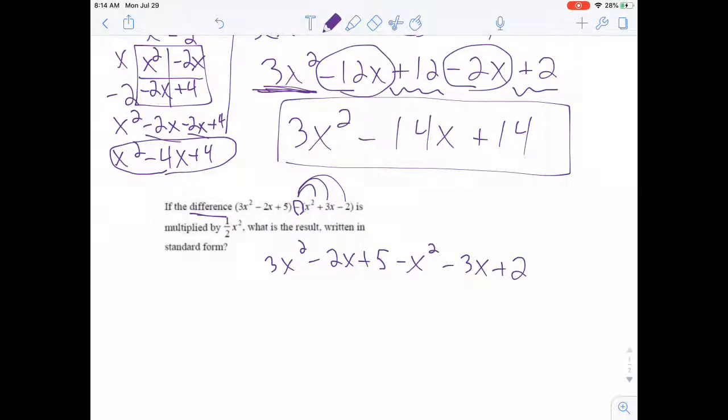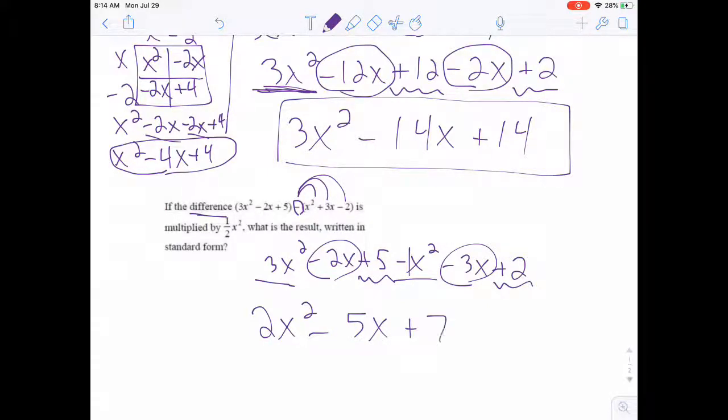Once I have distributed the negative sign correctly, now I combine like terms. So I look at my x², 3x² minus x², there's really a 1 here, giving me 2x². Negative 2x and negative 3x is negative 5x, and 5 and 2 is 7.